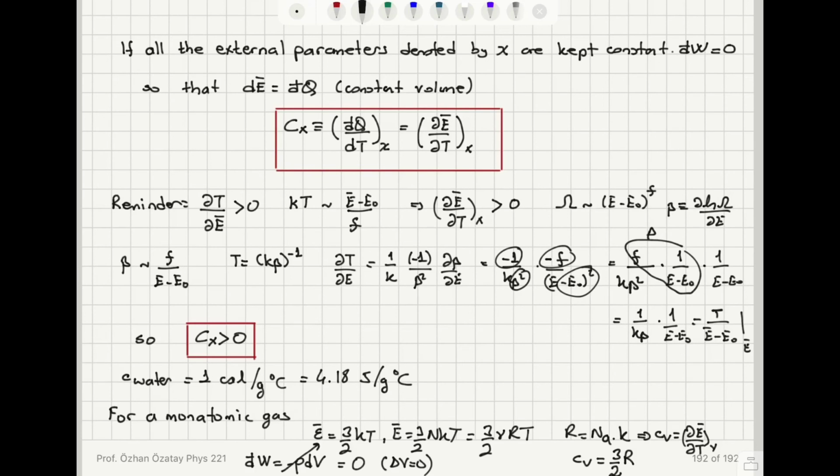We take the derivative with respect to temperature and multiply it with 1 over the number of moles. So the molar specific heat for a monatomic gas is 3/2 R. The specific heat of water per gram is 1 calorie per gram degree Celsius, or 4.18 joules per gram degree Celsius. So we can give these as examples of specific heat.